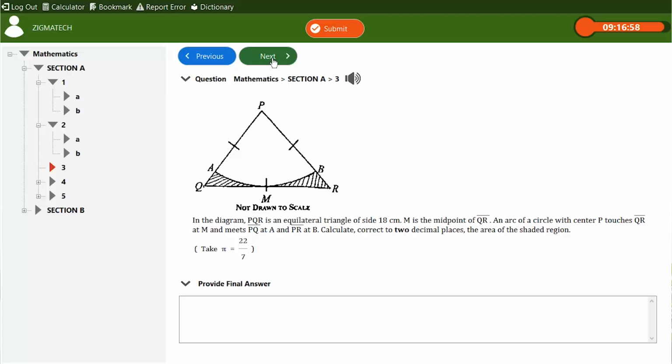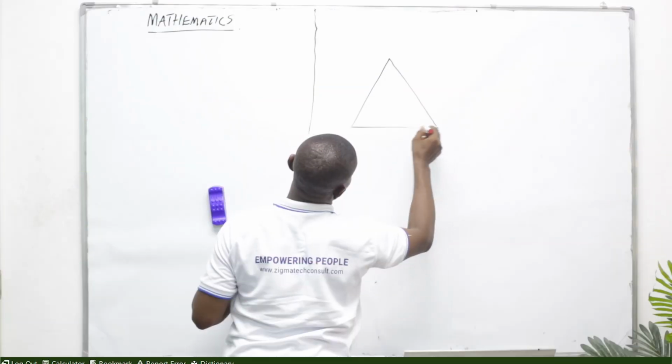Just a kind of a funnel. You have seen the diagram. You were told it's an equilateral triangle, so all the sides are the same.